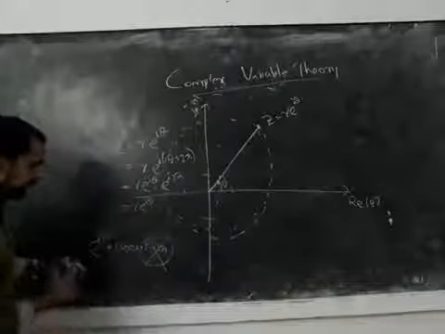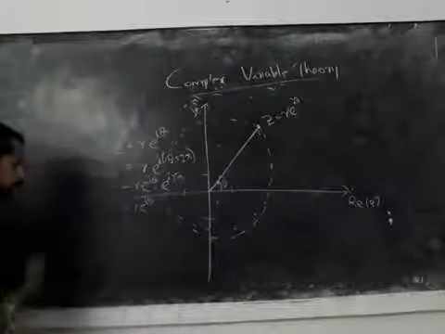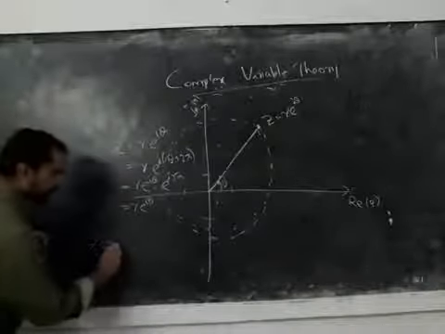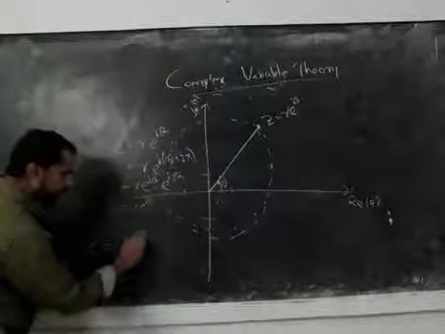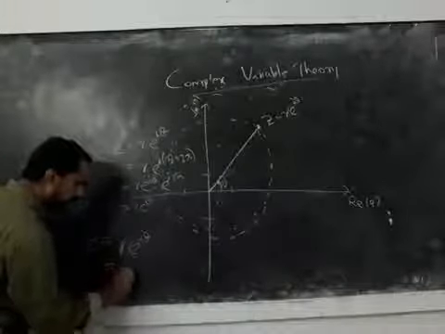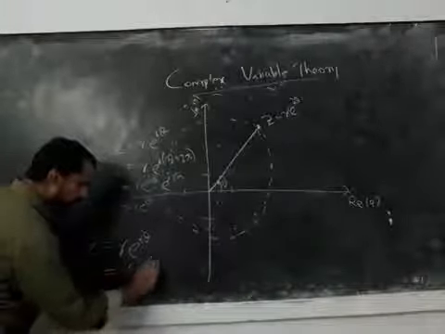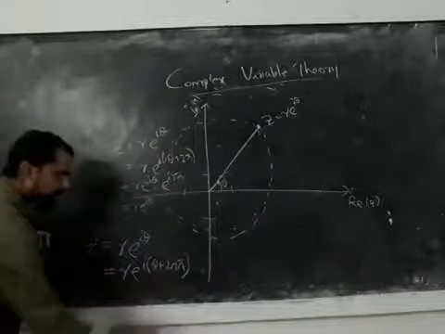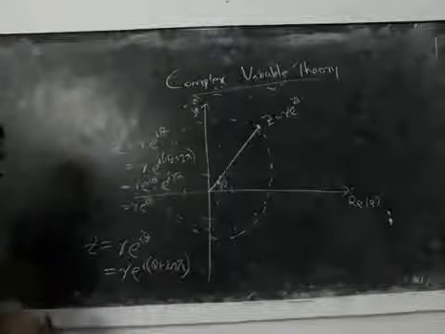So in general you can rewrite any complex number in this form: r e raised to I theta is equal to r e raised to I theta plus 2n pi.